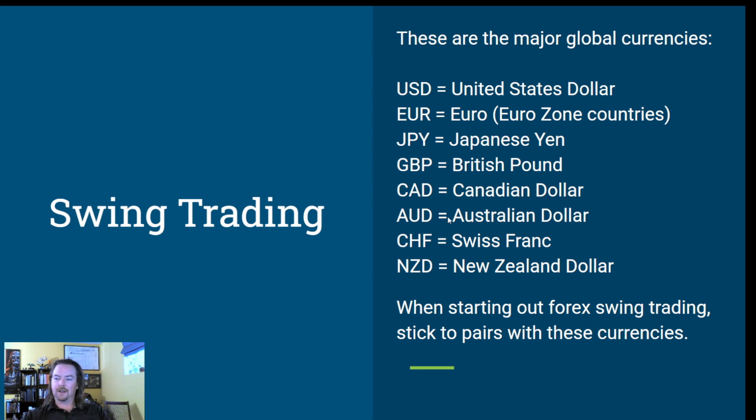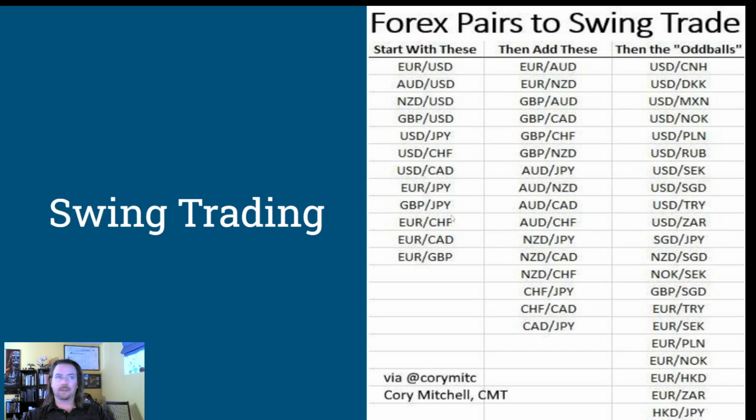So let's look at a breakdown. I made this chart. When you're starting out, I'd start out with these. These are the heavily traded currencies of the world. This is where you'd start out. I would look for signals in these first, and maybe only start with a handful.